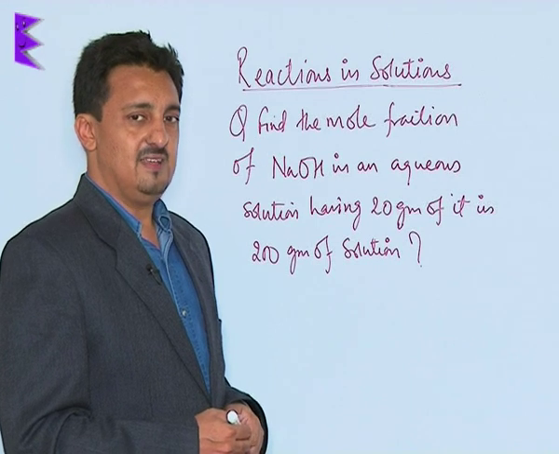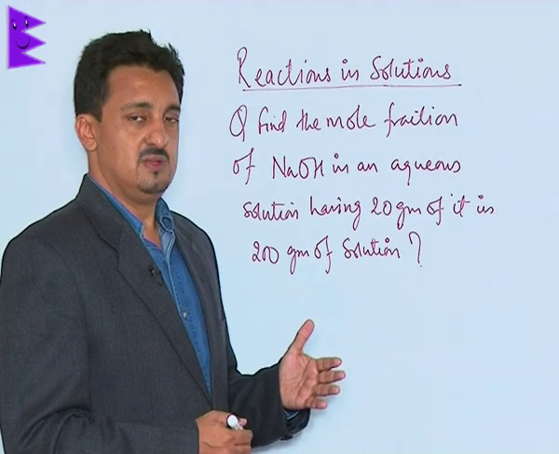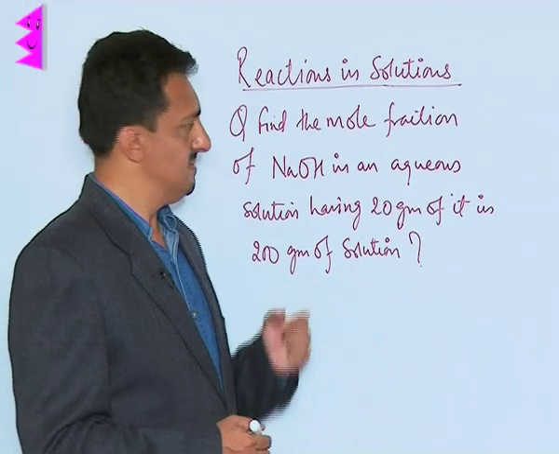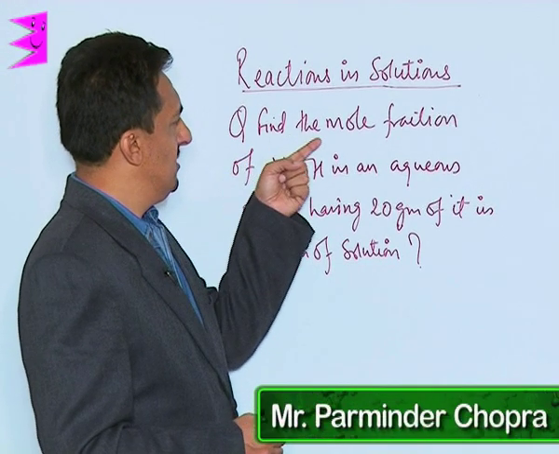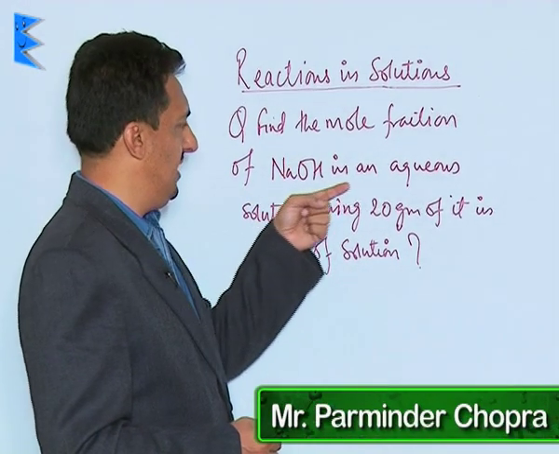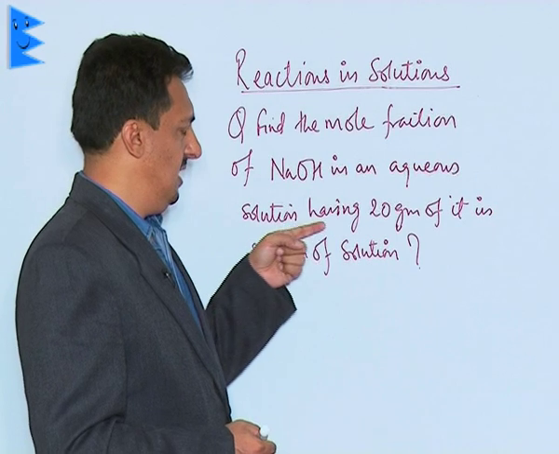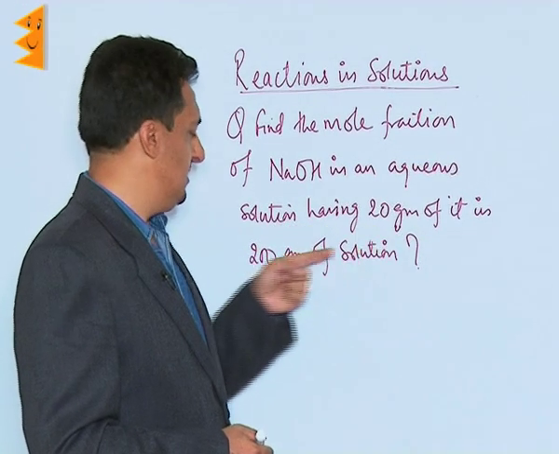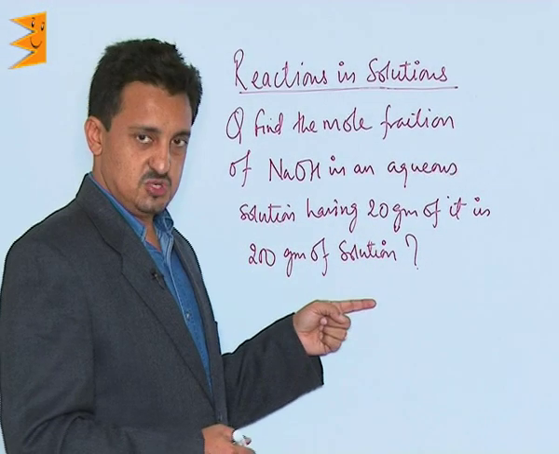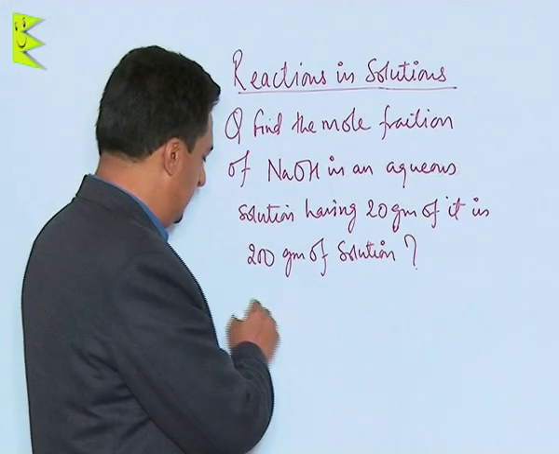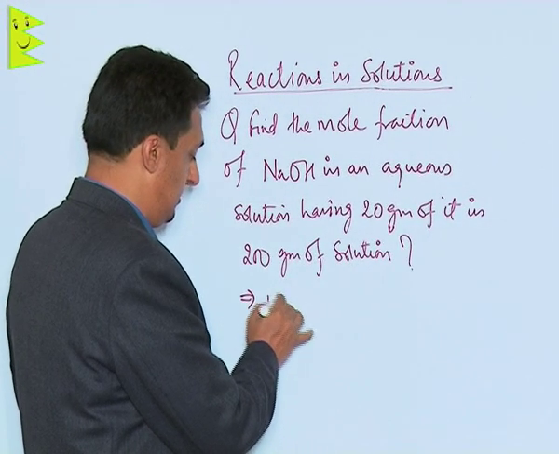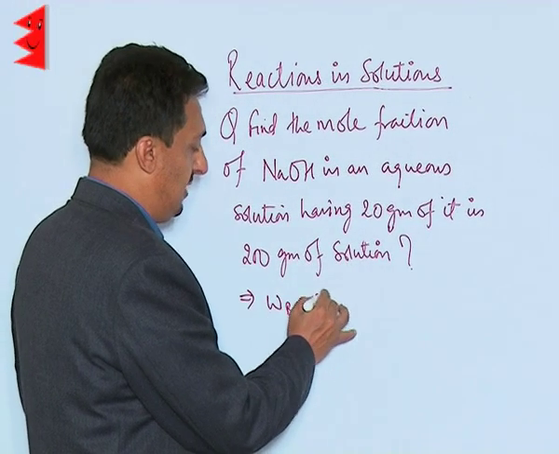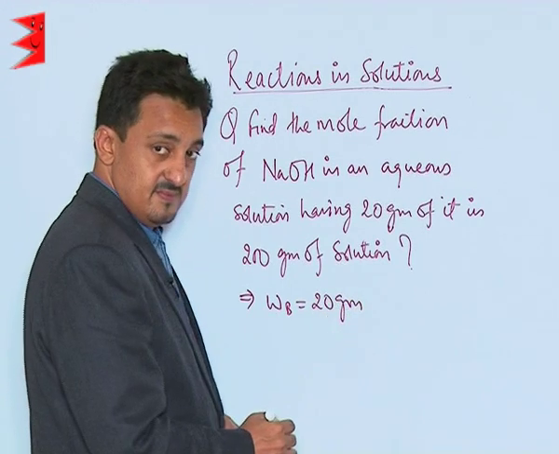Now let us understand mole fraction with the help of a numerical. Find the mole fraction of NaOH in an aqueous solution having 20 grams of it in 200 grams of solution. See, in this numerical, the weight of the solute already given is 20 grams.